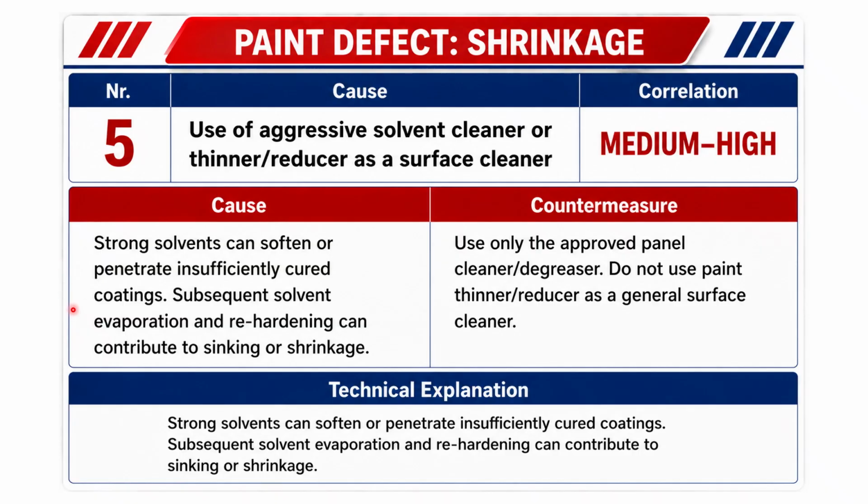Subsequent solvent evaporation and rehardening can contribute to sinking or shrinkage. The recommended countermeasure is to use only the approved panel cleaner or degreaser. Do not use thinner or reducer as a general surface cleaner.